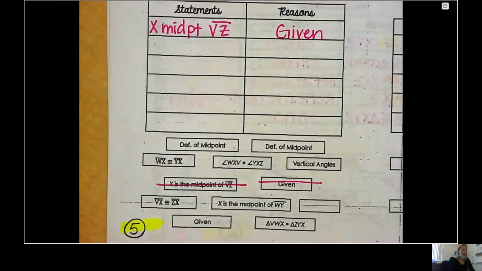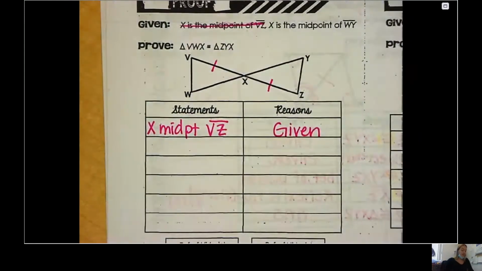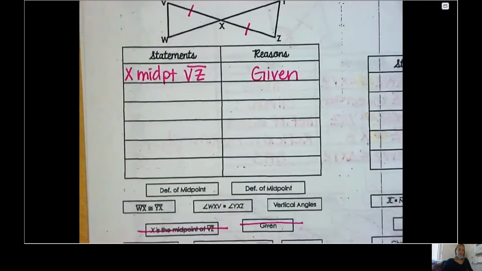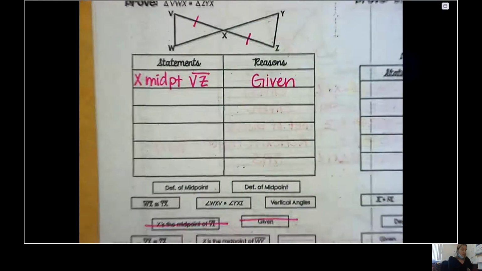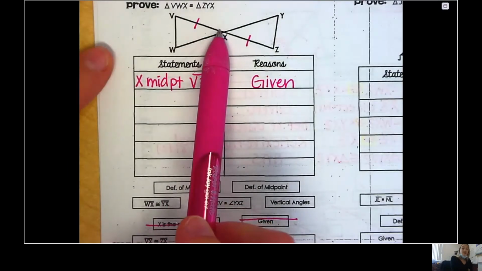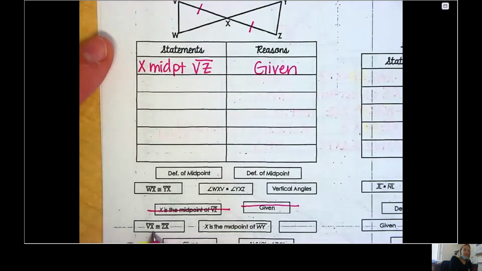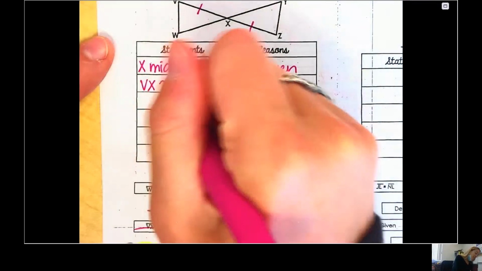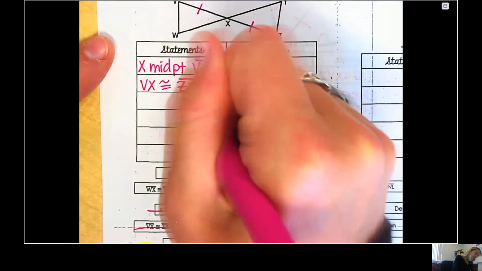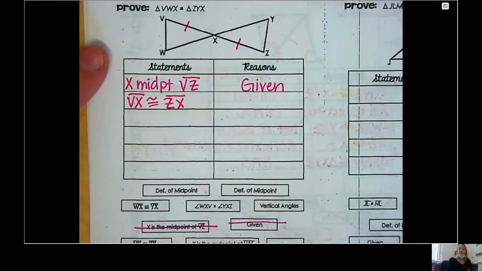Now, which statement below says these two pieces are the same? So look at your paper. VX is congruent to ZX. Very good. It's right down here. VX is congruent to ZX. What word gave that away? How did we know that?